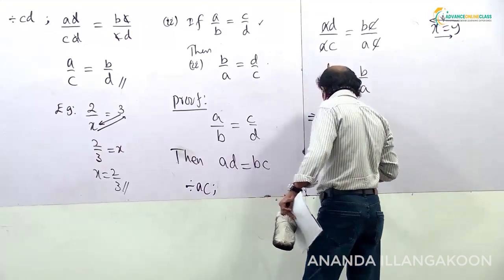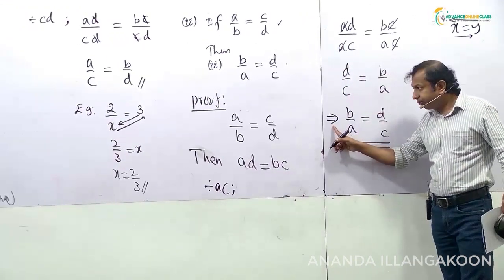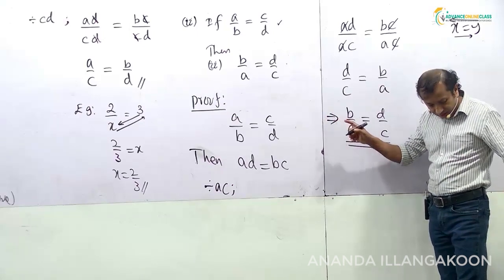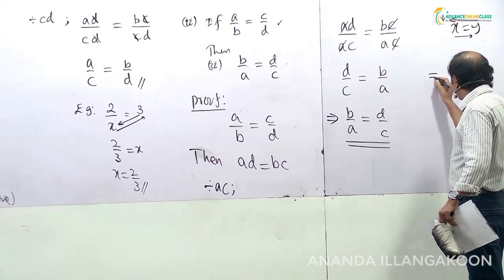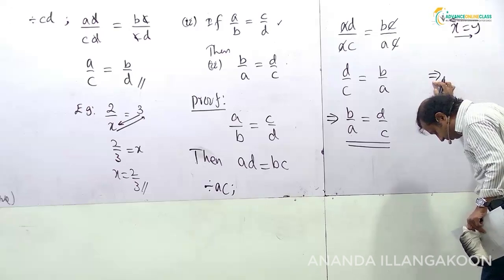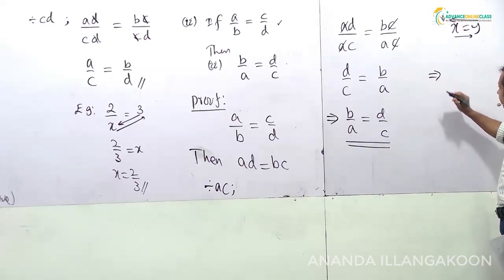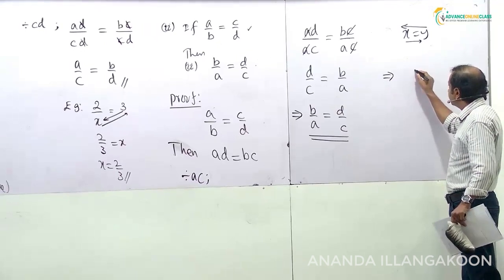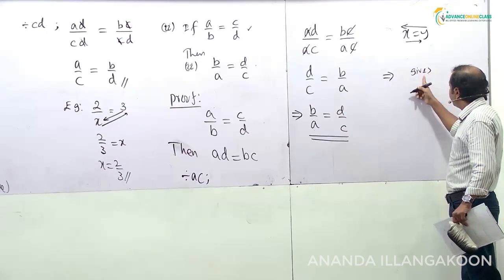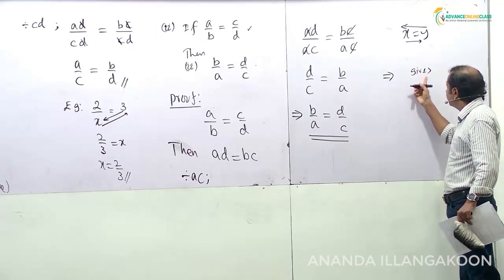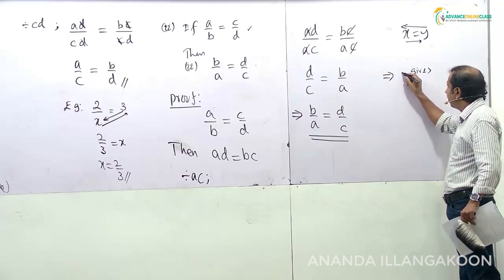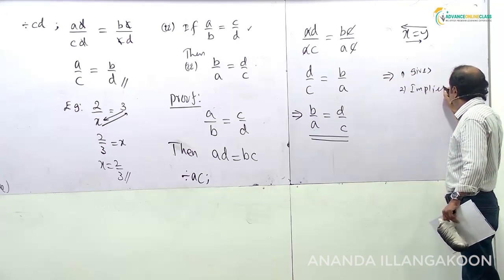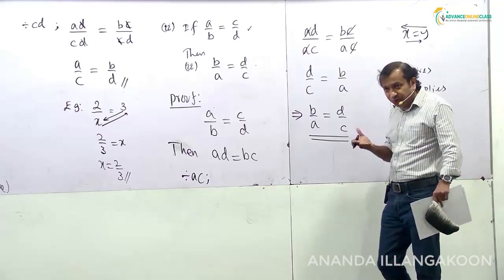Now, once we write a symbol like this, a double line arrow, it has meanings like this. Number one, gives. Second one, implies, which also denotes or gives us.